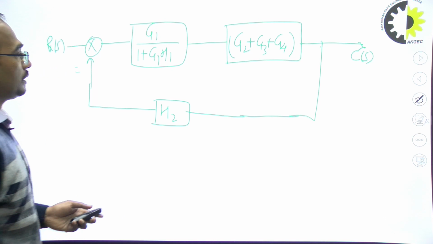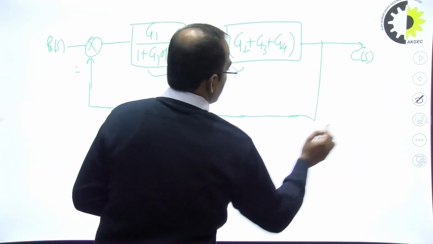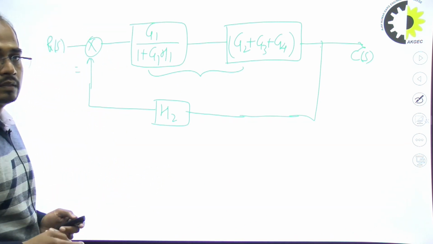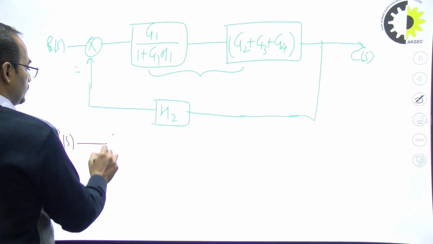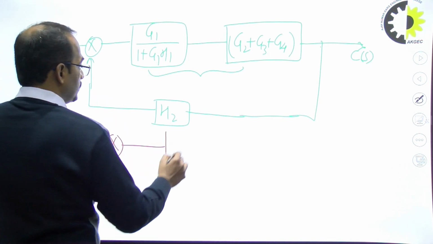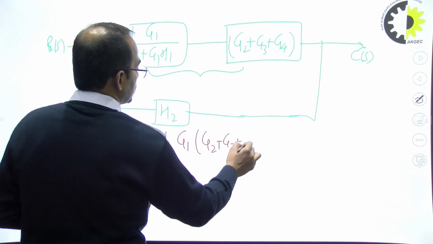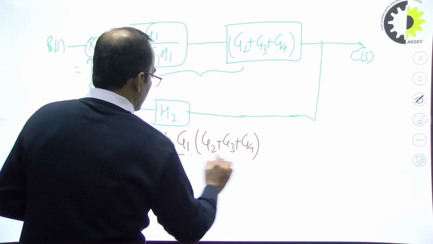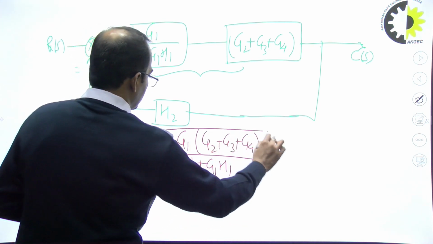Now you can see these two blocks are connected in series. So we can write here G1 times G2 plus G3 plus G4 upon 1 plus G1 H1.